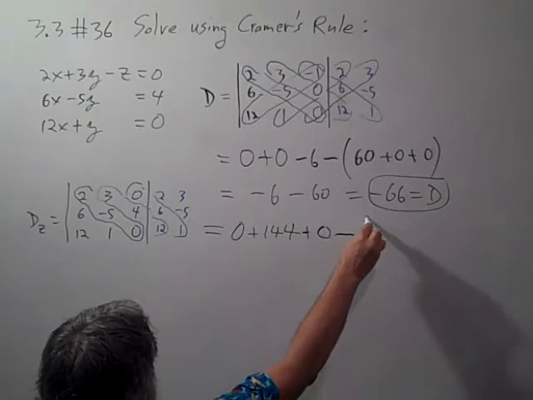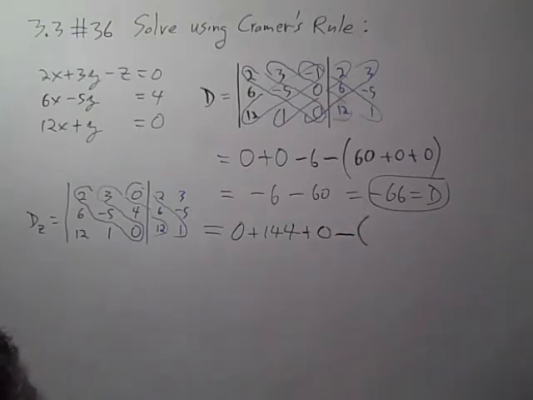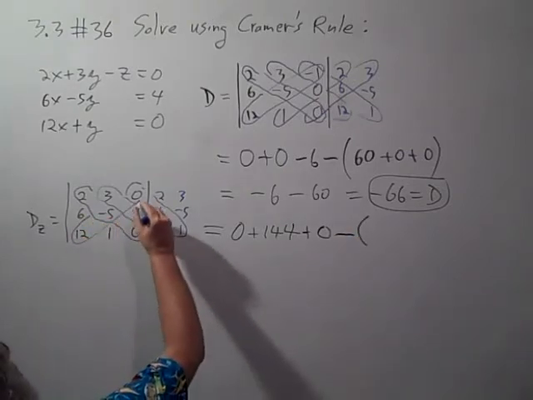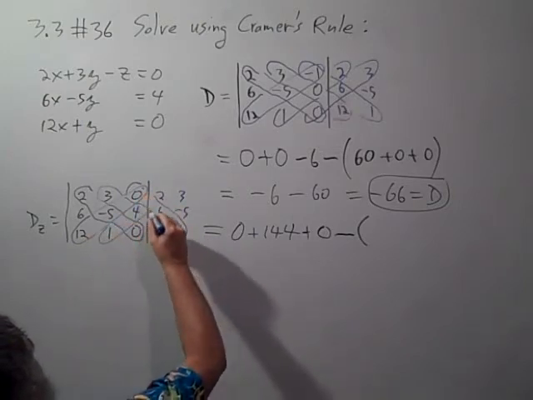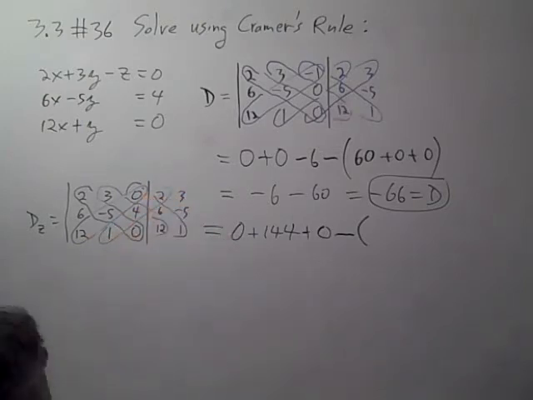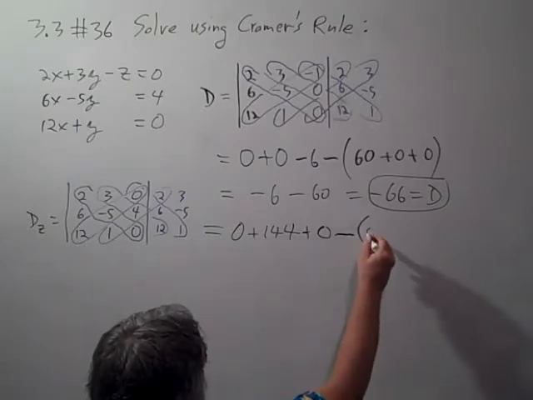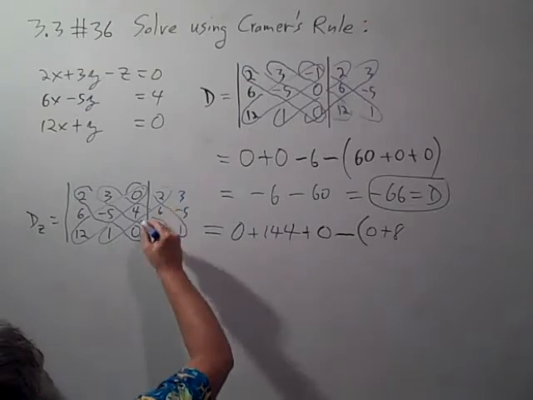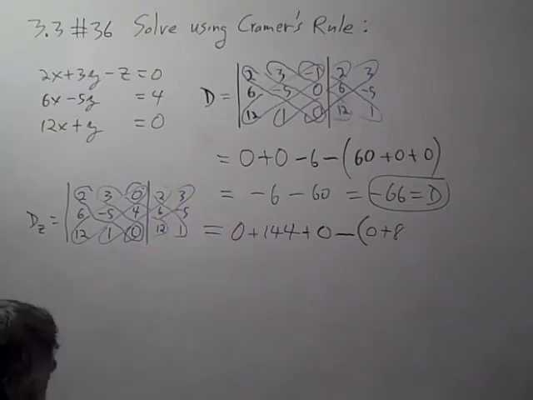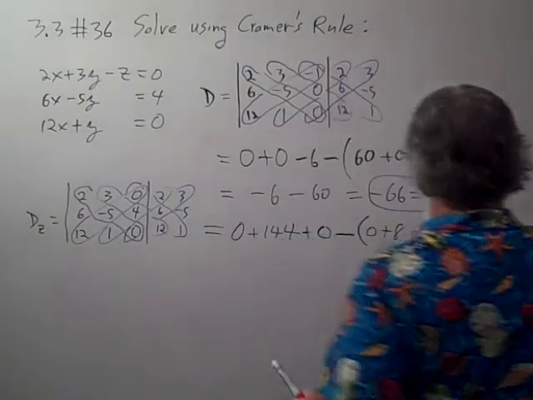And then we subtract what we get going in the opposite direction. So that's going to be a 0. And the next one is going to be an 8. So it's 0 plus 8 in there. And the last diagonal is 0 times 6 times 3, yet another 0.